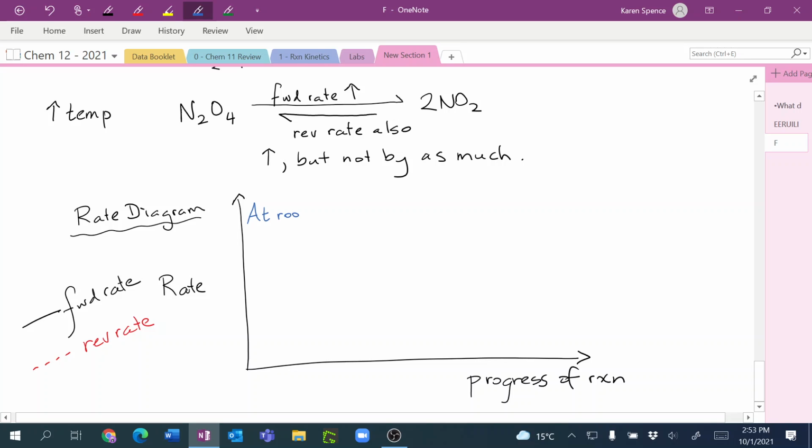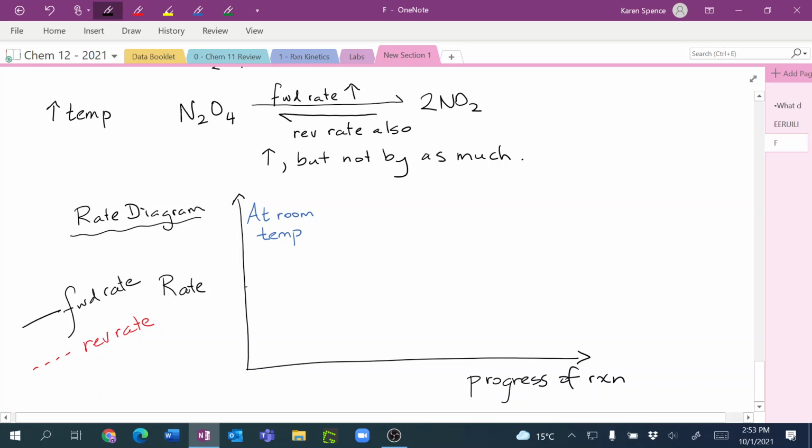At room temperature, what was true about those two rates? When we were just at room temperature, before we started doing anything, and they were just sitting there. They were equal, yes? Because we were at equilibrium.